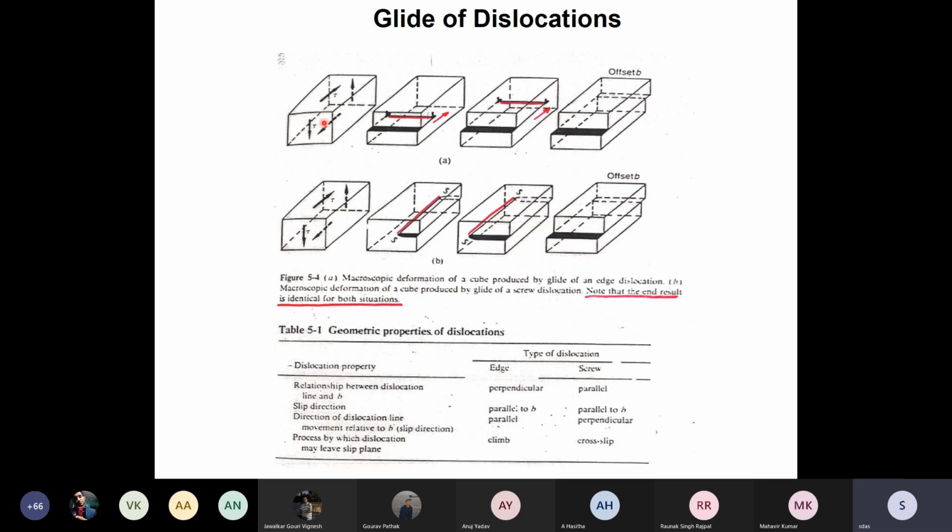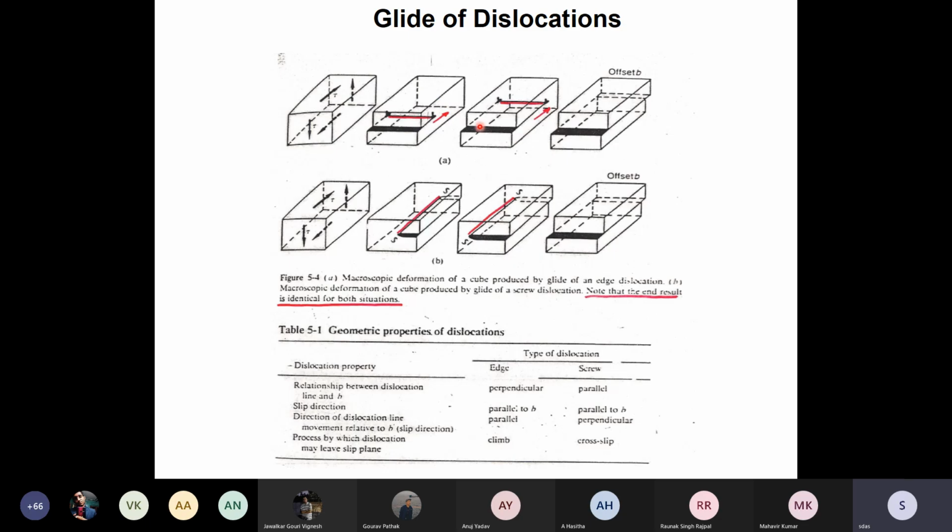You see the top half of the schematics are for edge dislocations. You have a step because the edge dislocation line is formed. This region is slipped, the region beyond is yet to be slipped. So this is the boundary between a slipped region and an unslipped region.